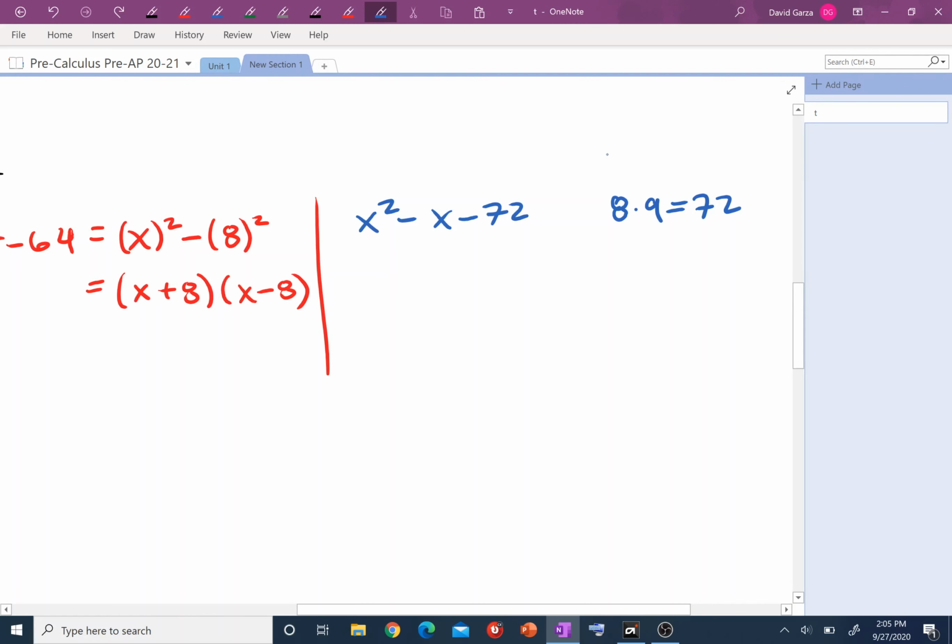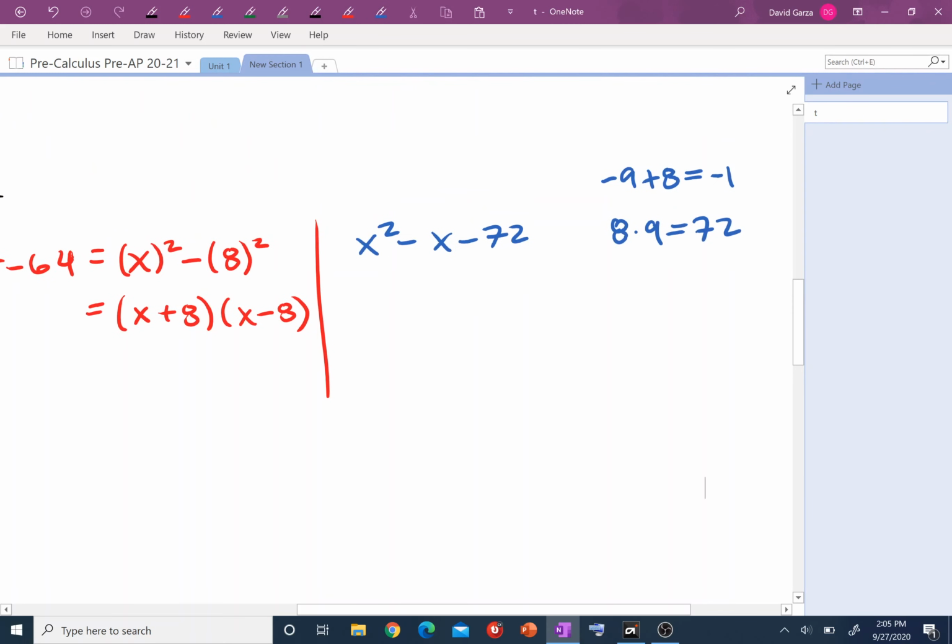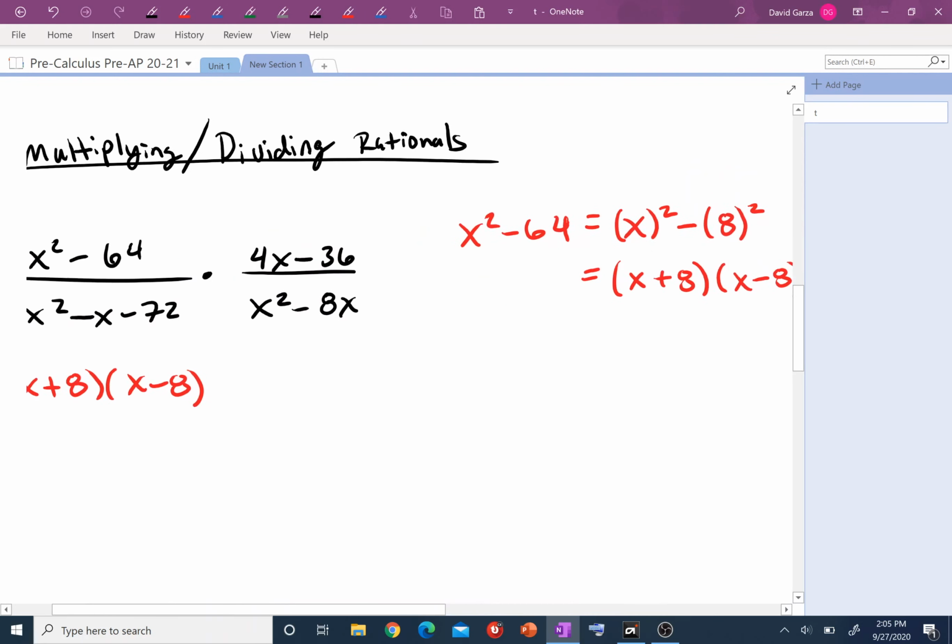Because I know that negative 9 plus 8 gives me negative 1. So then that means that we're going to have a term that has x minus 9, and the other term is x plus 8. x minus 9, x plus 8. All right, so let's write that down.